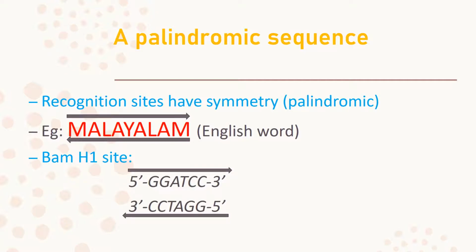That means a palindrome sequence is a sequence of nitrogenous bases in a double-stranded DNA or in the RNA, which when read from 5' end to the 3' end is the same as that on the complementary strand read from 3' end to 5' end.